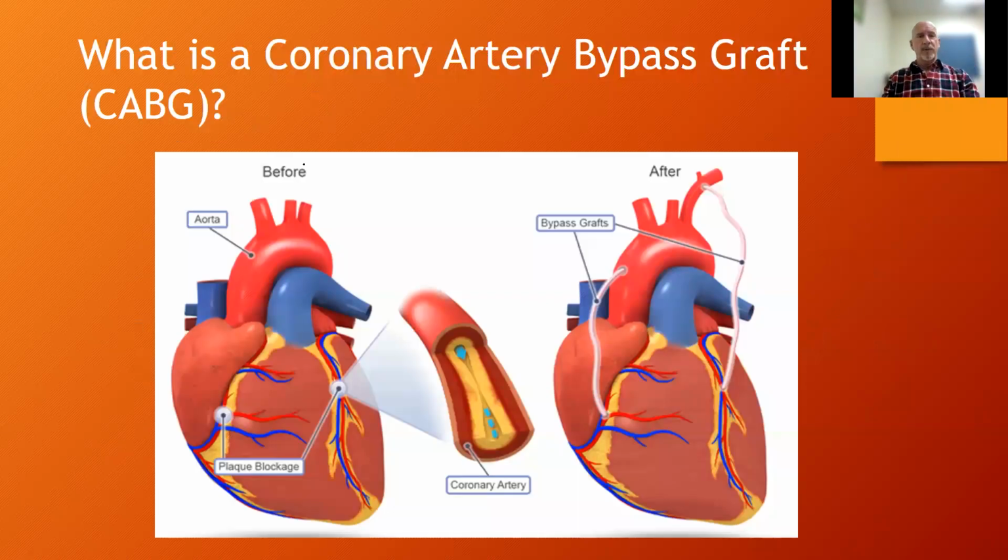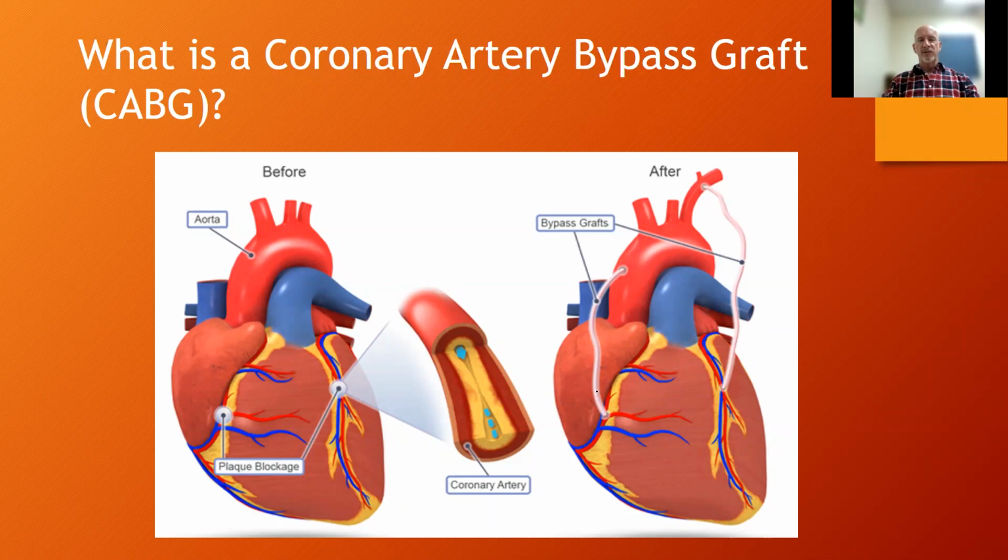Here is a good example right here. Somebody in this area of the heart, there's a vessel, say you get into the cath lab and this vessel's occluded and this vessel's occluded and this vessel's occluded. It's like, no, we're not going to mess with that. They will go in and take a vein out of your leg.